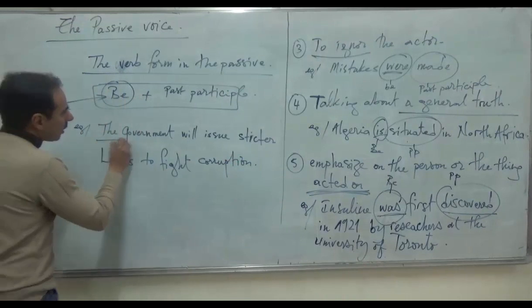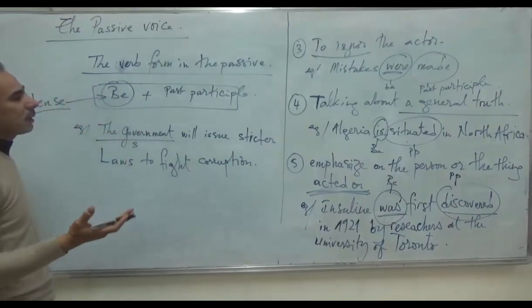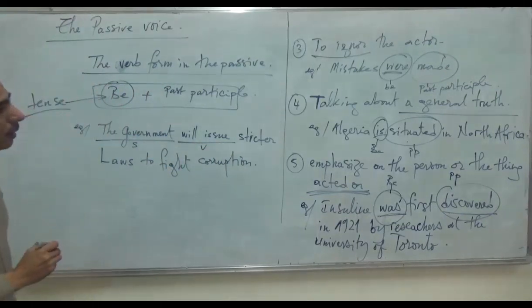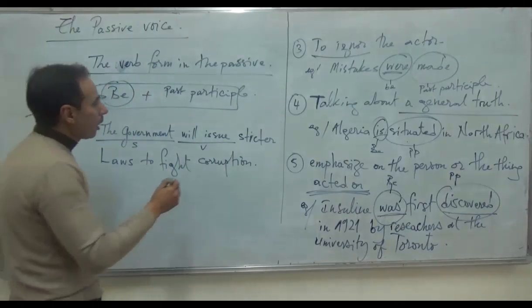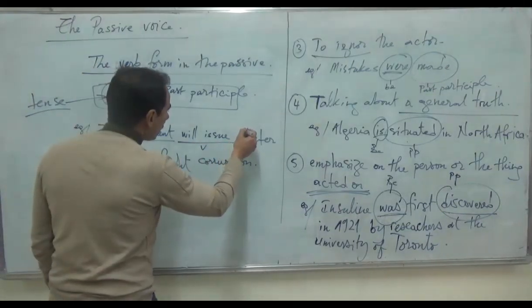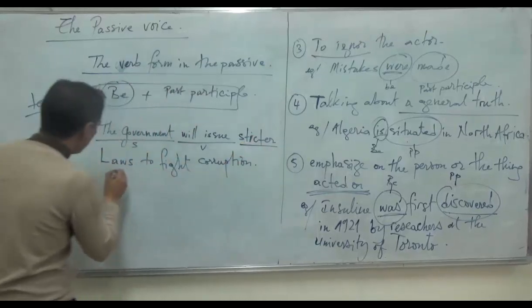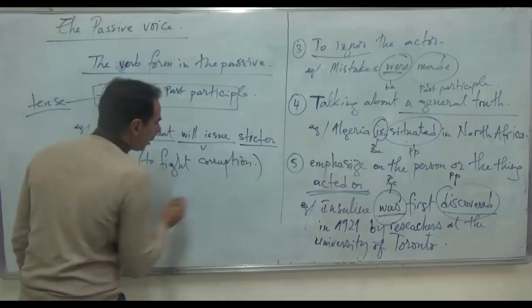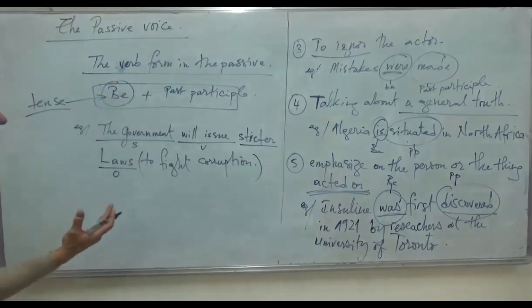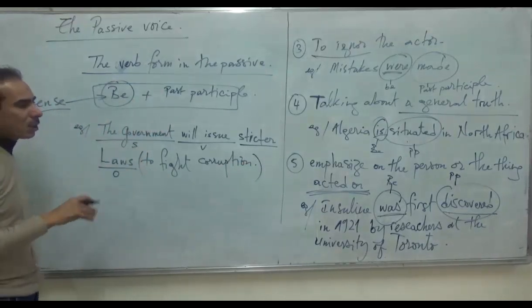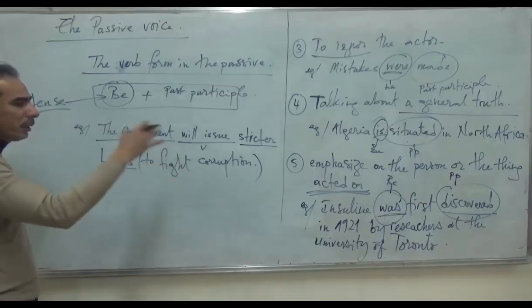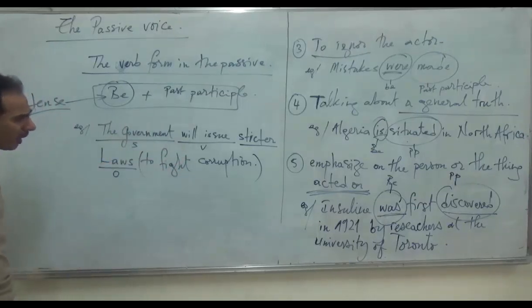This sentence has got a subject, and it is active. The verb is in the future form, and stricter laws is the object. To fight corruption is a complement. It stays the same, it doesn't change. We can put it in the same place, whether in the active form or in the passive form.